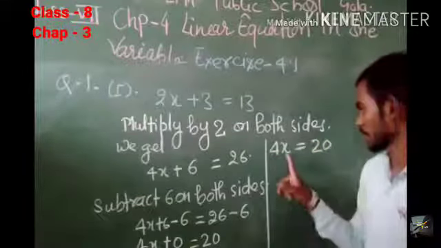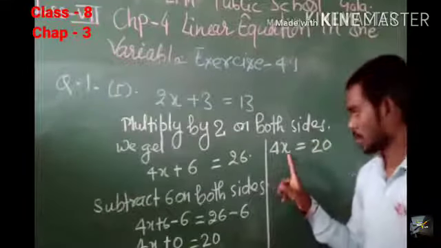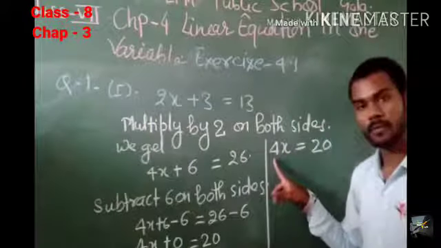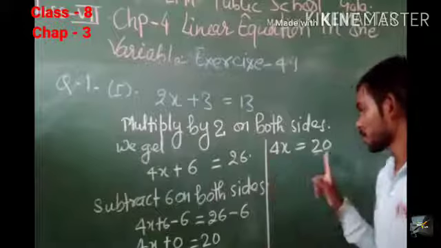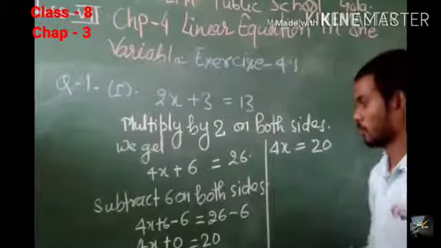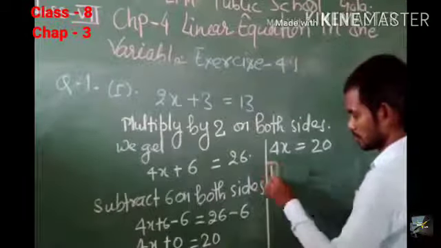Here we can see that the variable x contains 4. To remove this 4, divide both sides by 4.